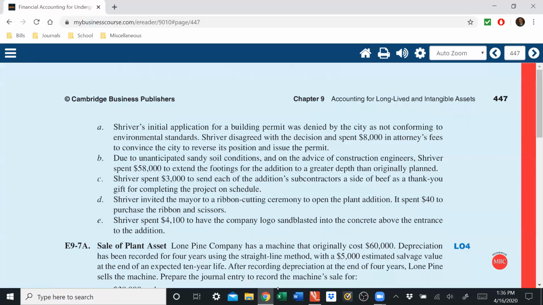Shriver's initial application for a building permit was denied by the city as not conforming to environmental standards. Shriver disagreed with the decision and spent $8,000 in attorney's fees to convince the city to reverse its position and issue the permit.